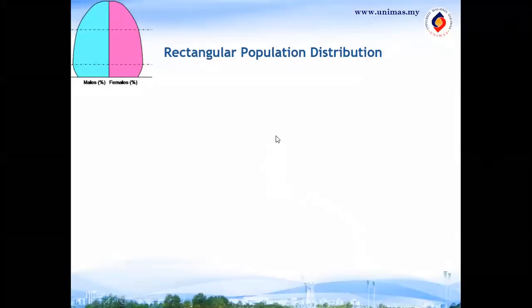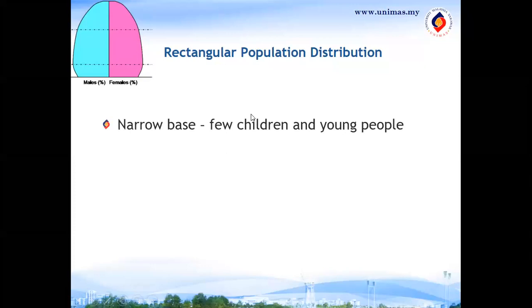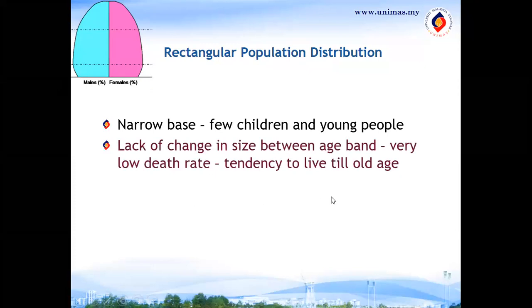All right. Then changes to rectangular population distribution, where the base becomes narrower, indicating that there are fewer children and young people, okay, compared to the triangular base. So there is a lack of change in size between bands.